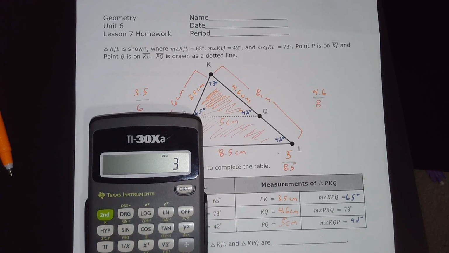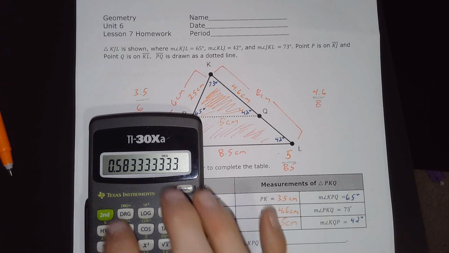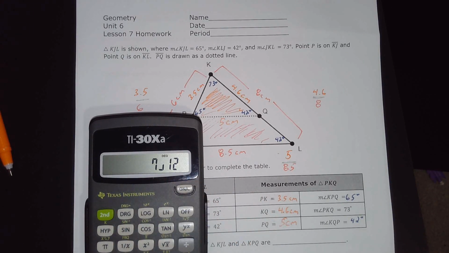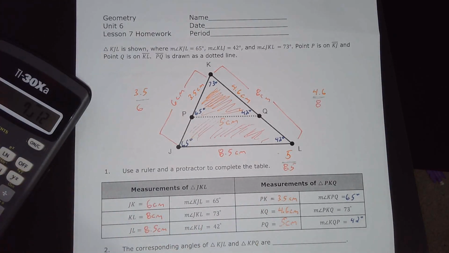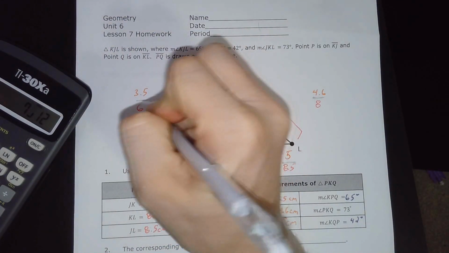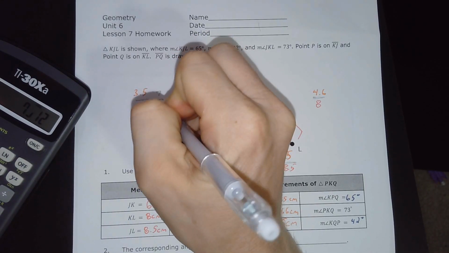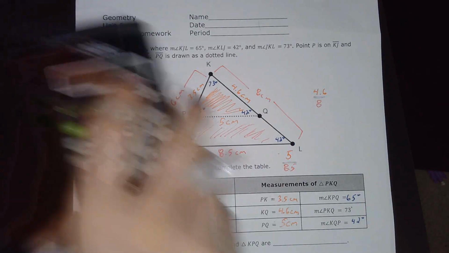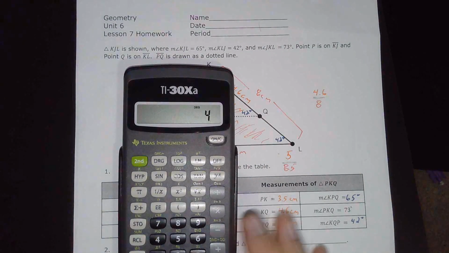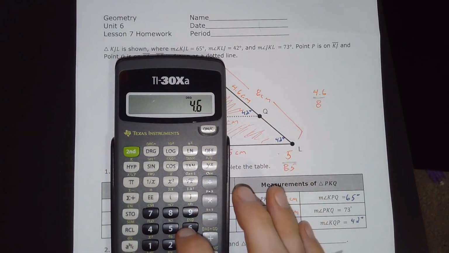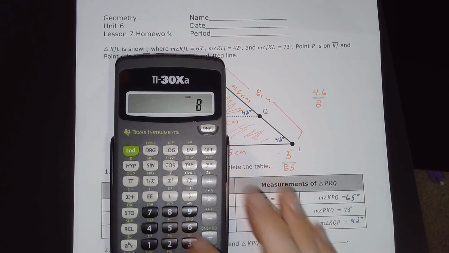So 3.5 divided by 6 comes out to a nice neat fraction, 7/12.